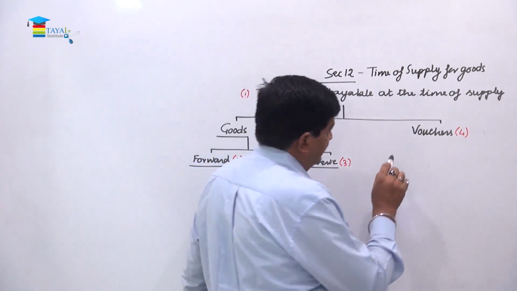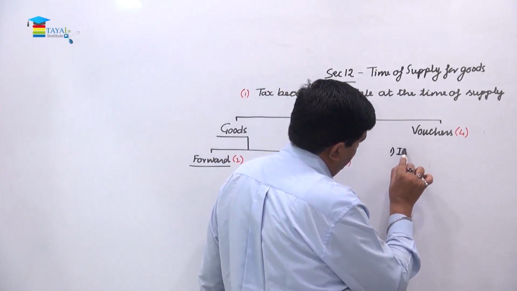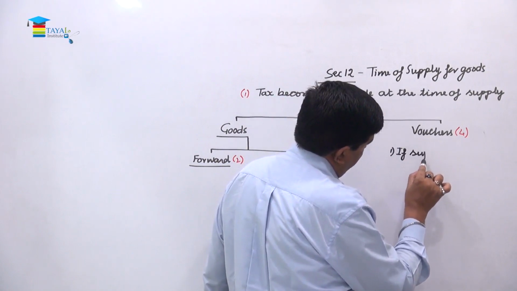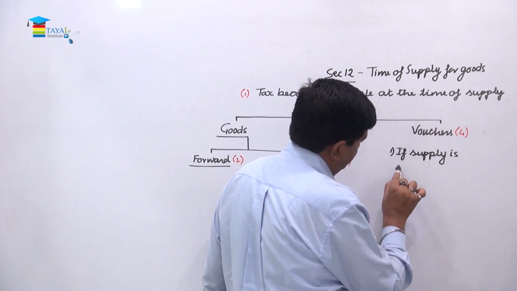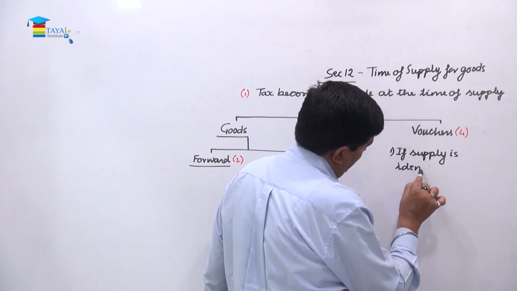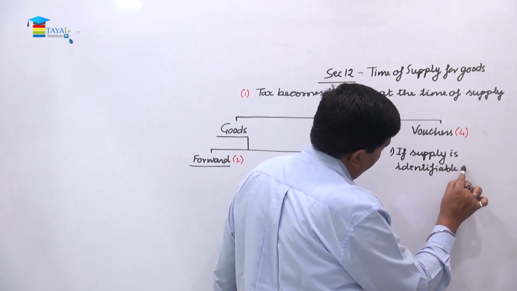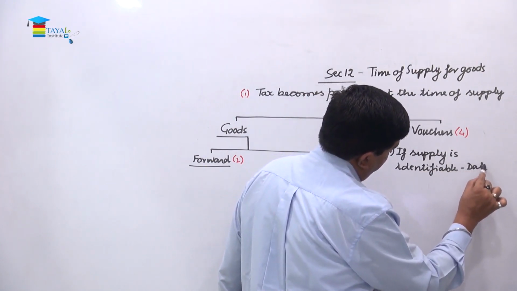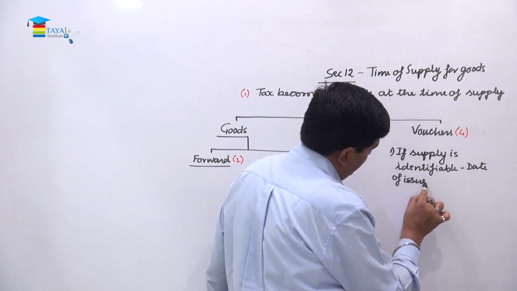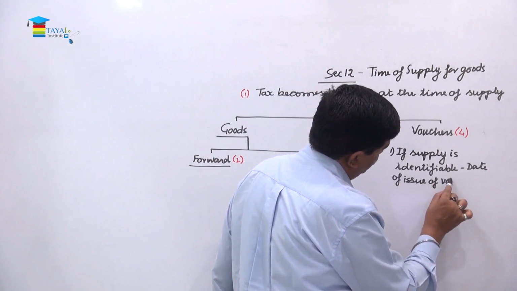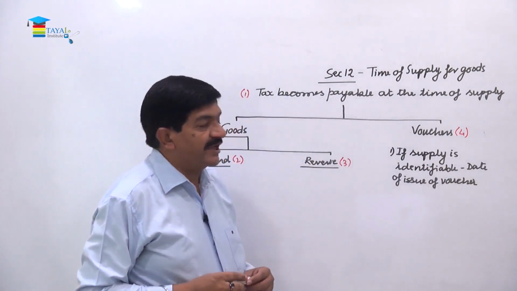So first is, if supply is identifiable, then date of issue of voucher, this itself becomes the time of supply.